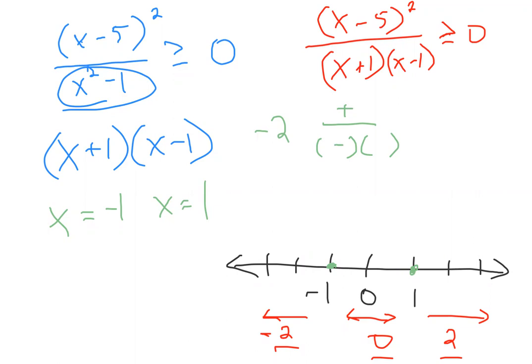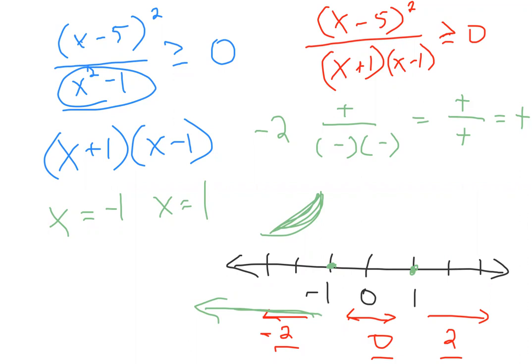And -2 minus 1 gives me a negative. And a negative times a negative gives me a positive. Positive over a positive is a positive. So that tells me up until this point, I'm somewhere up here. So from -infinity to -1, that's what this test is telling me. From this -1 heading that way, I am above the x-axis.